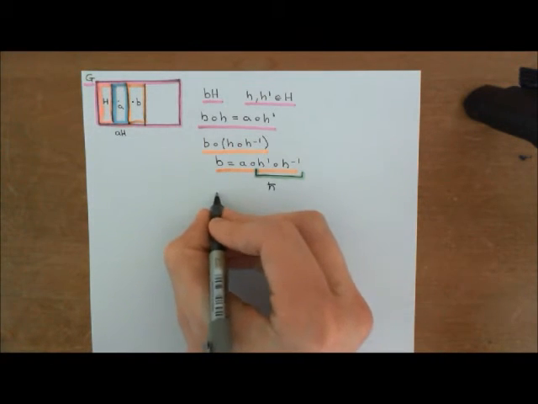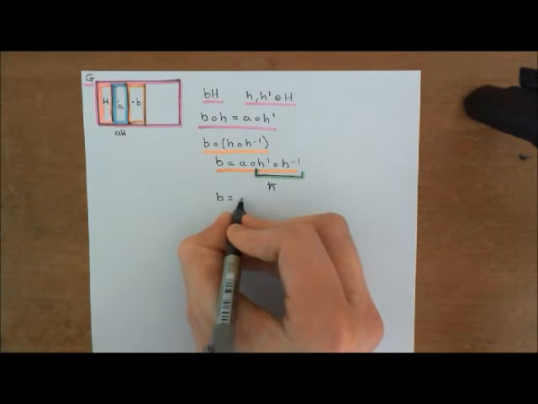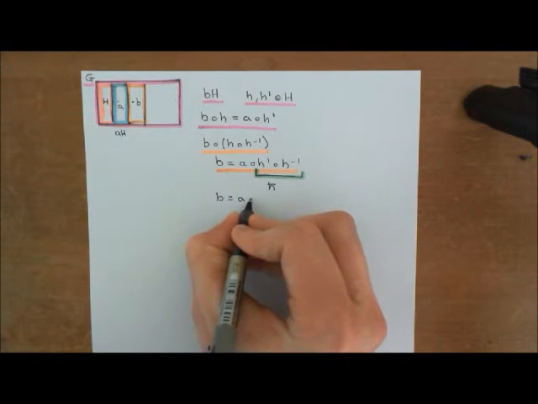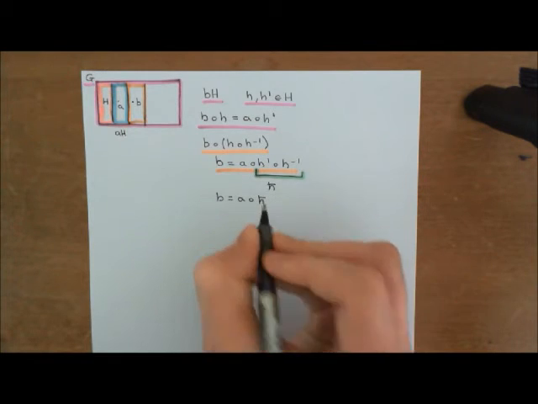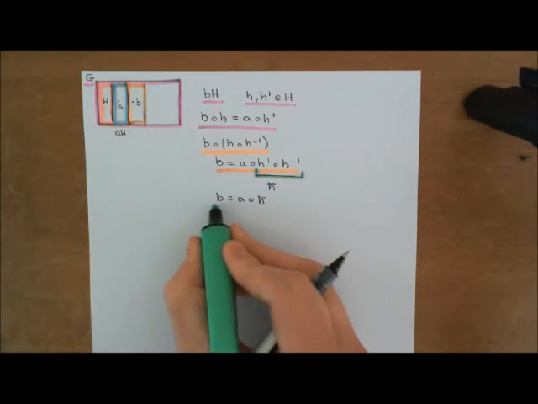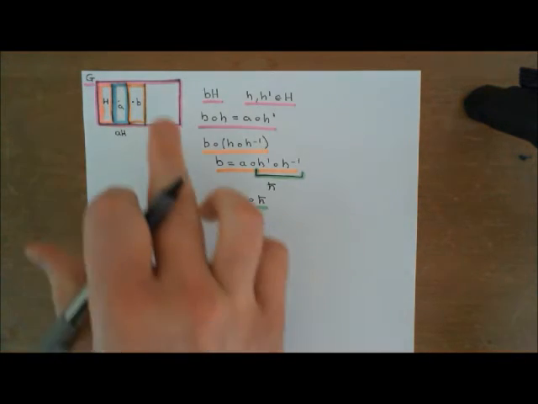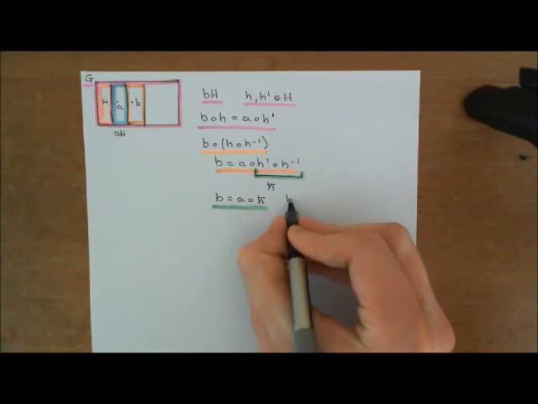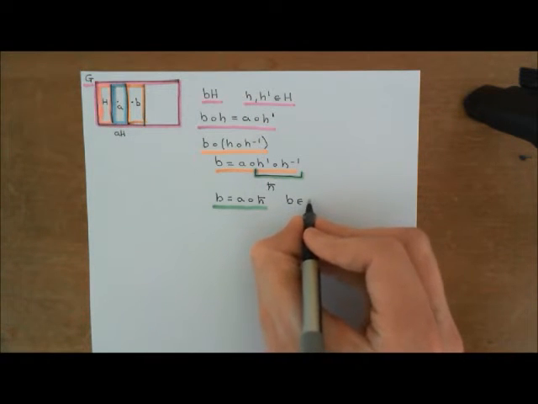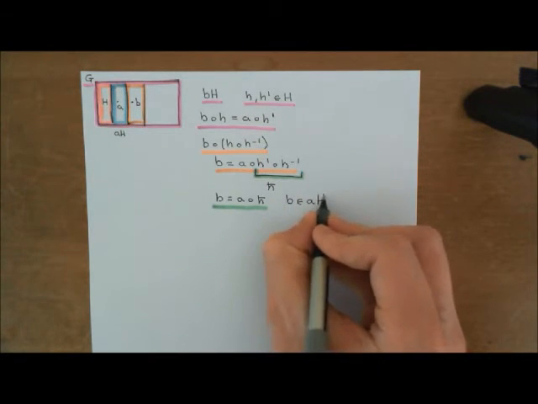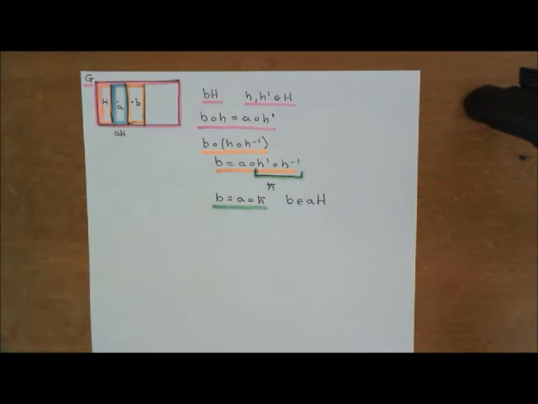So now I have written b as being equal to little a composed with little h bar, where little h bar is some element of the subgroup capital H. I have just managed to prove that little b is an element of the left coset of capital H under A. So b is an element of AH.